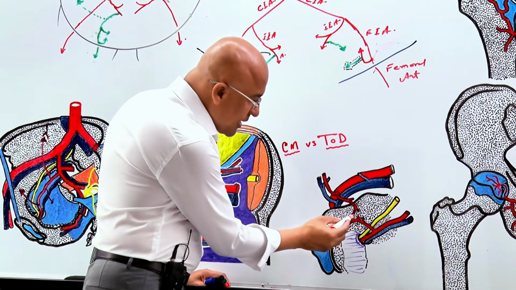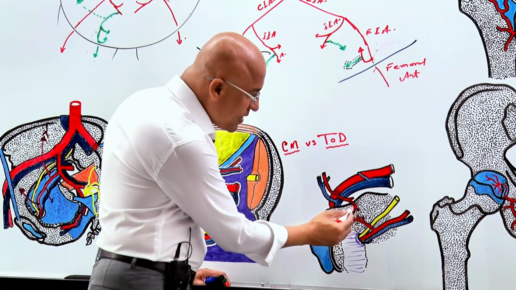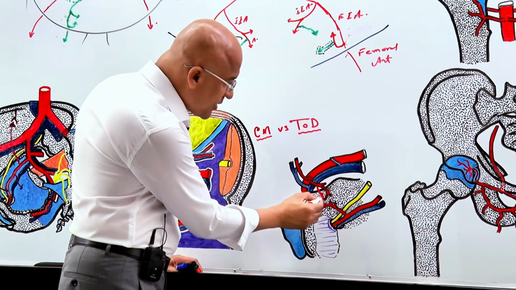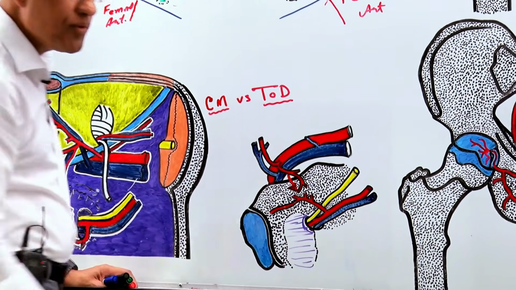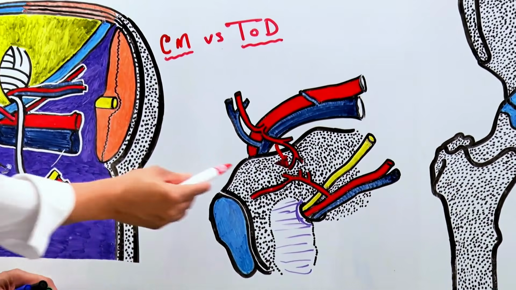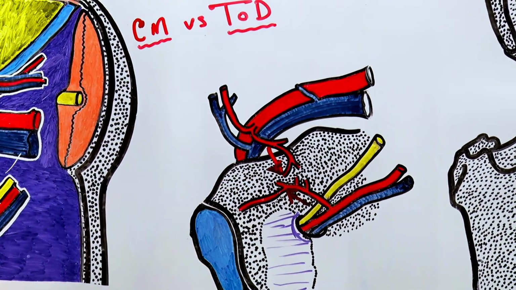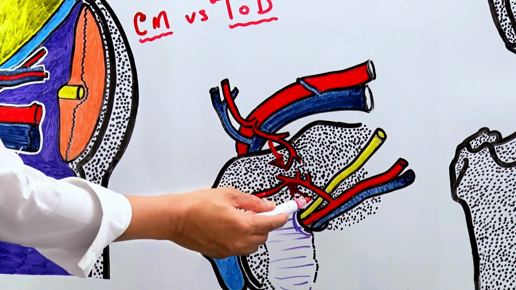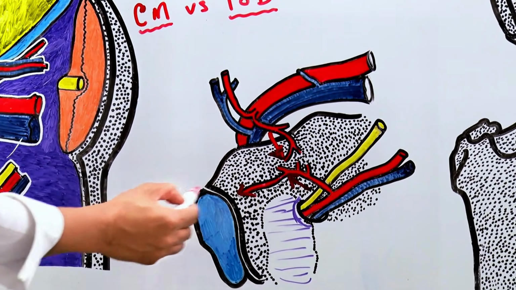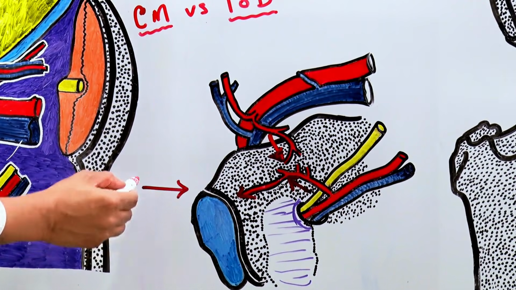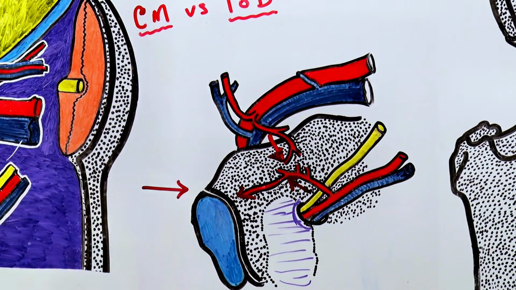Actually, here in the pubis, there is one artery, this one coming. What is it? Pubic branch of? Obturator artery. One of it is going medially and meets its counterpart.